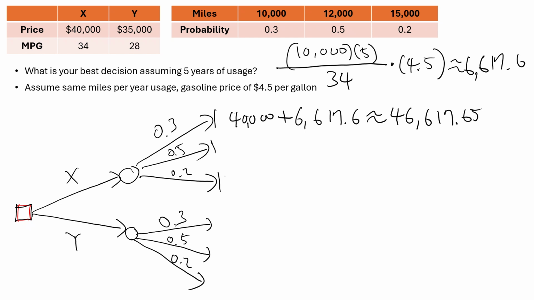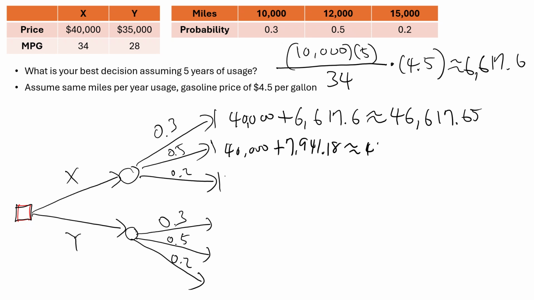You should use Excel or something, or just use a calculator to calculate this. You repeat now for all the other outcomes, right? So for the second one, it's $40,000 for the car, plus the fuel costs are a little bit higher now, right? Because you're driving more, 12,000 miles in a given year. So you get roughly 7,941.18. And again, you can round, it's approximate, right?